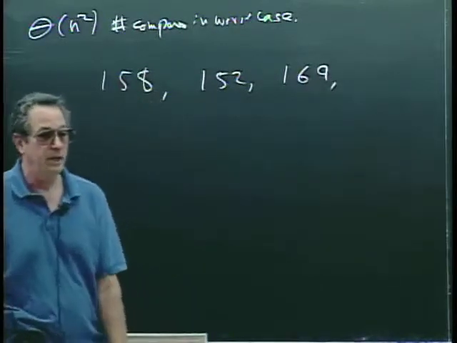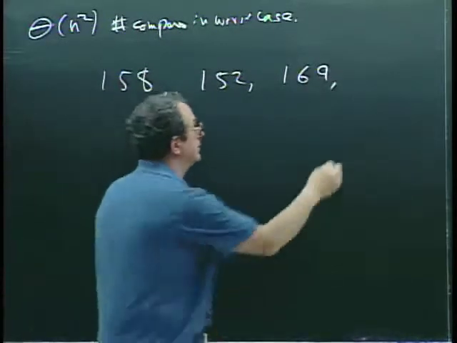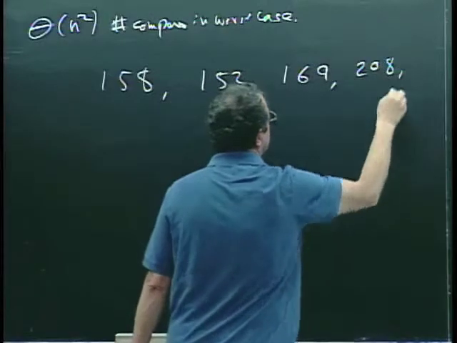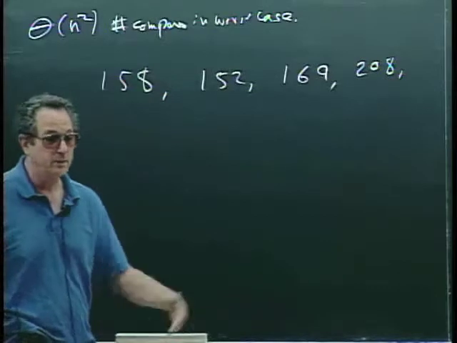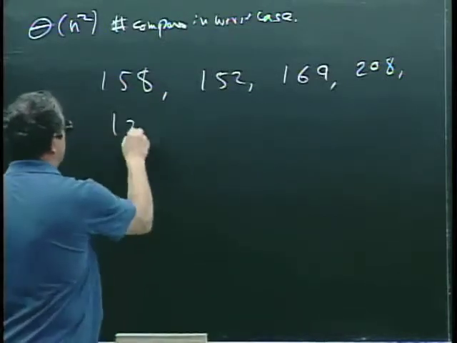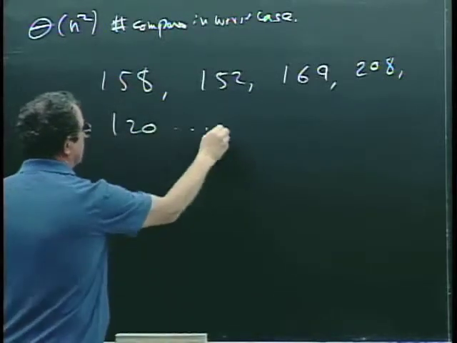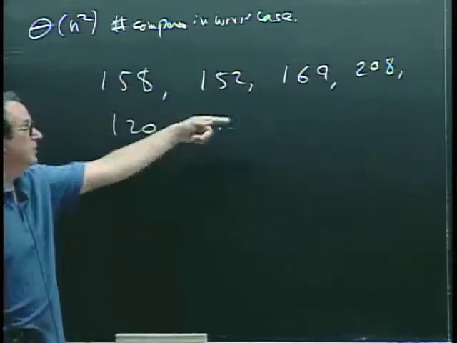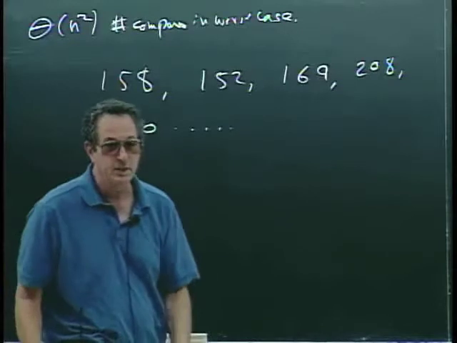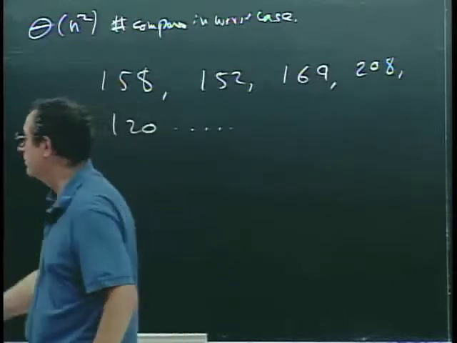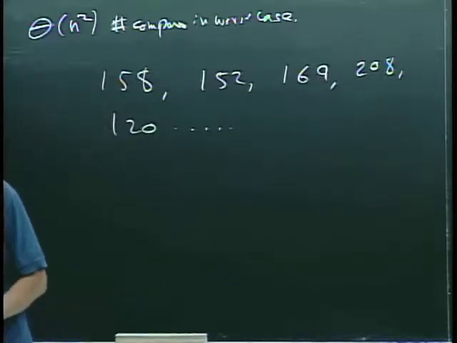And then I run it again, and for some strange reason it turns out to be a lot more, 208. And then I run it again, and this time it's 120, and so on. Okay? What should I do with these numbers to give you some sense of how this algorithm is behaving in terms of the number of comparisons?